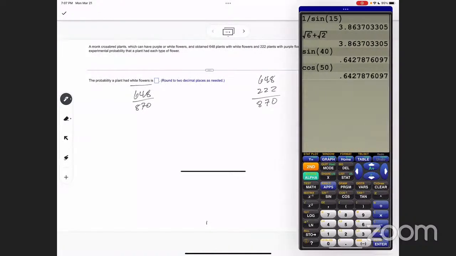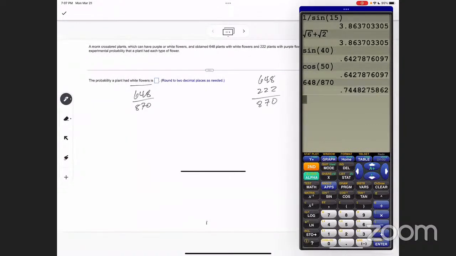So you just divide that in your calculator. 648 divided by 870. And that gives you approximately, because we're rounding it, the probability is always a number between 0 and 1. So it's 0.74 is the probability rounded.